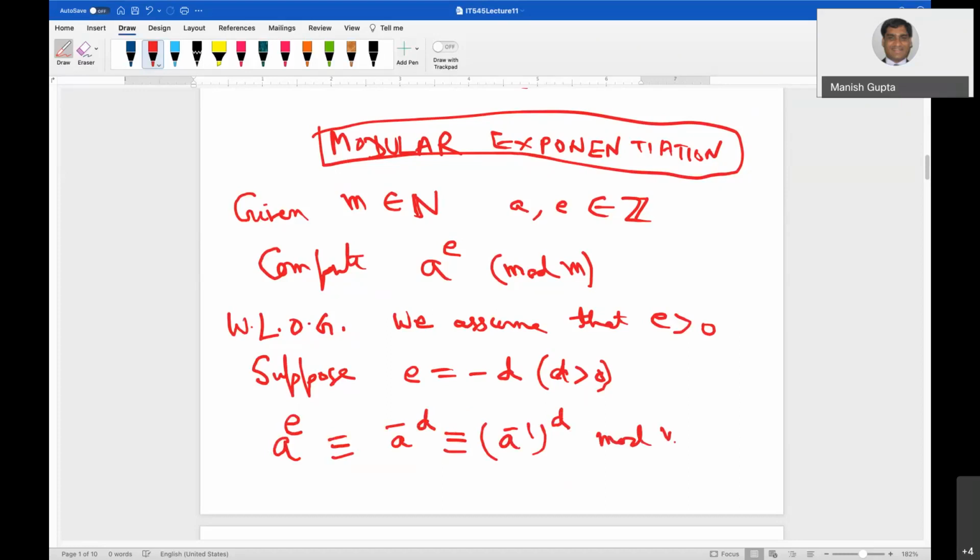So that means if I have to find a raised to power minus d, I can compute the inverse of a and raise it to power d. So essentially it is enough for us to assume that we want to compute this exponentiation when e is positive, right? Anything negative can be converted like this to a positive thing.